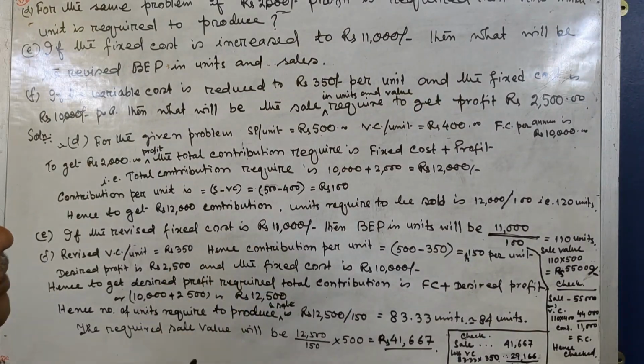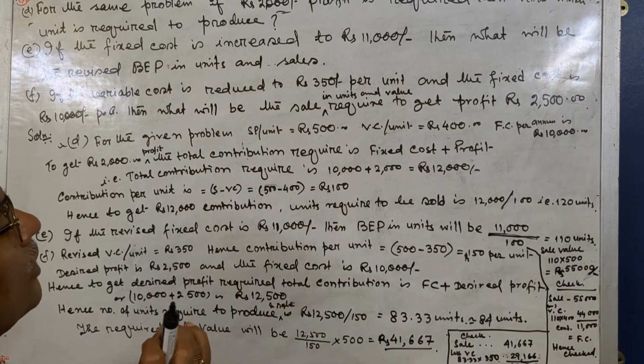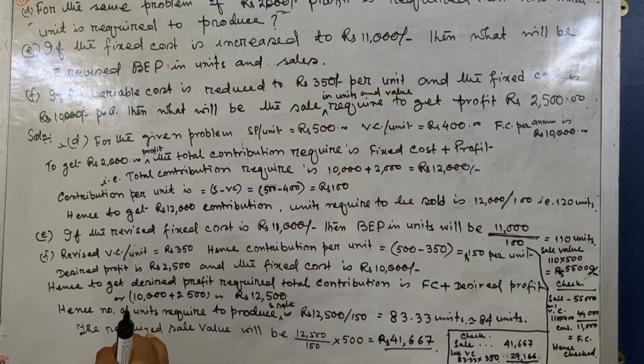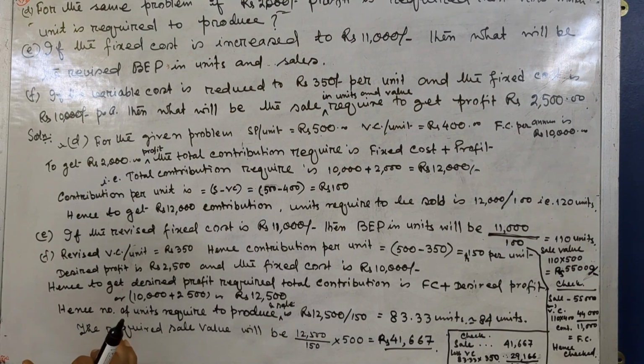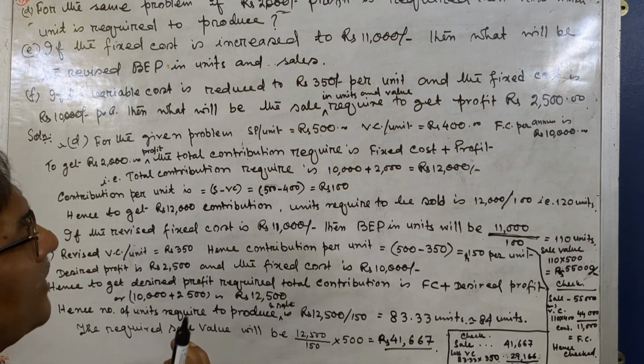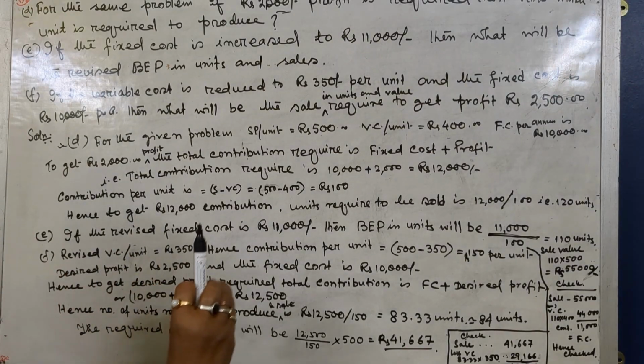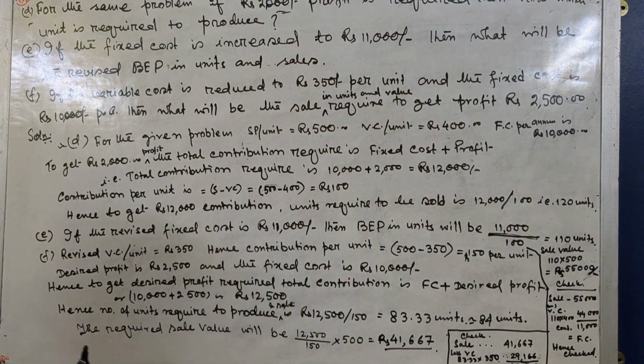The difference is the contribution, and you have to find out the total contribution you are getting by selling the product. You can say a contribution fund or basket, and from that you are paying the fixed cost, and the residual portion is profit.